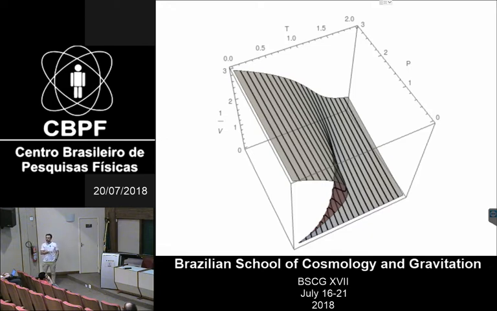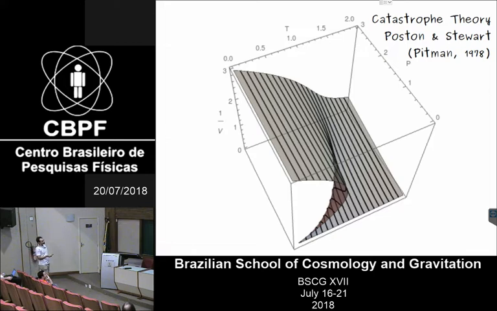because I have just like a standard phase transition. I have one local minimum that becomes the global minimum, and the system goes from one local minimum to the other local minimum, and then it changes phases using this. So this is catastrophe theory that was developed for van der Waals gas in this book here by Poston and Stewart.